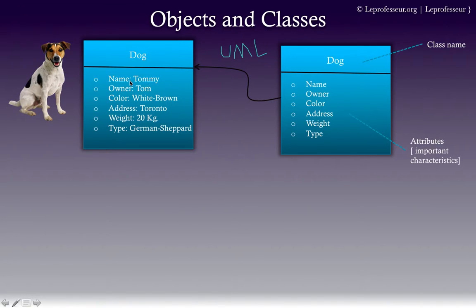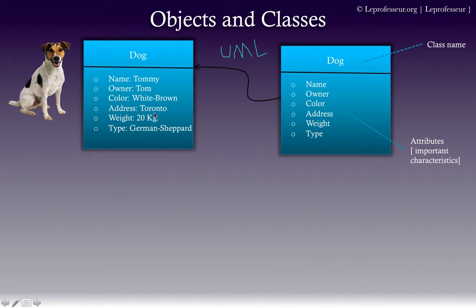Okay. Now, let's say this black and brown dog, its name is Tommy. So let's say that becomes its identity, that he's Tommy. Who is the owner of Tommy? It's Tom. What is the color? What is the address? What is the weight? What is its type? What kind of dog is it? Let's say German Shepherd. 20 kgs.